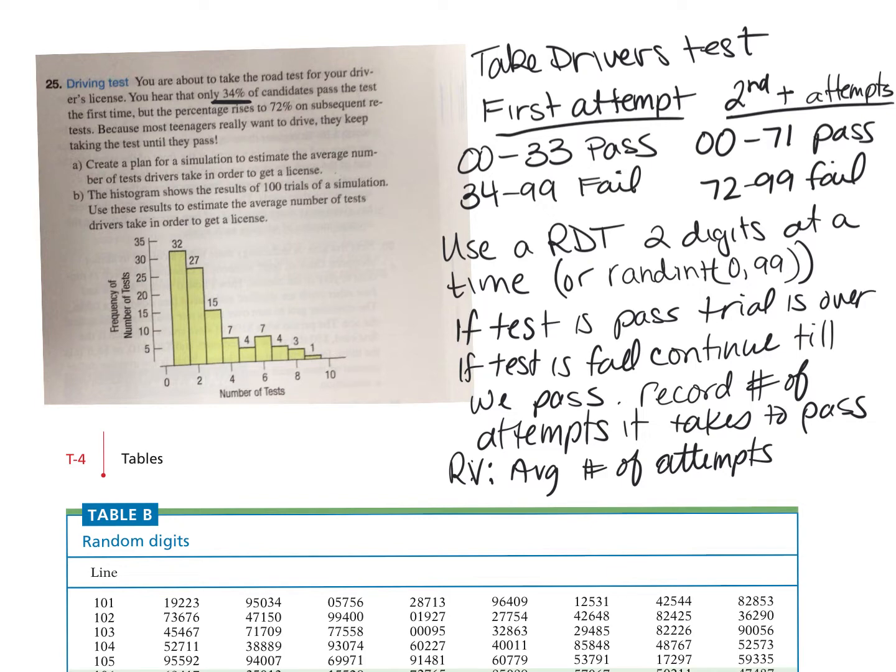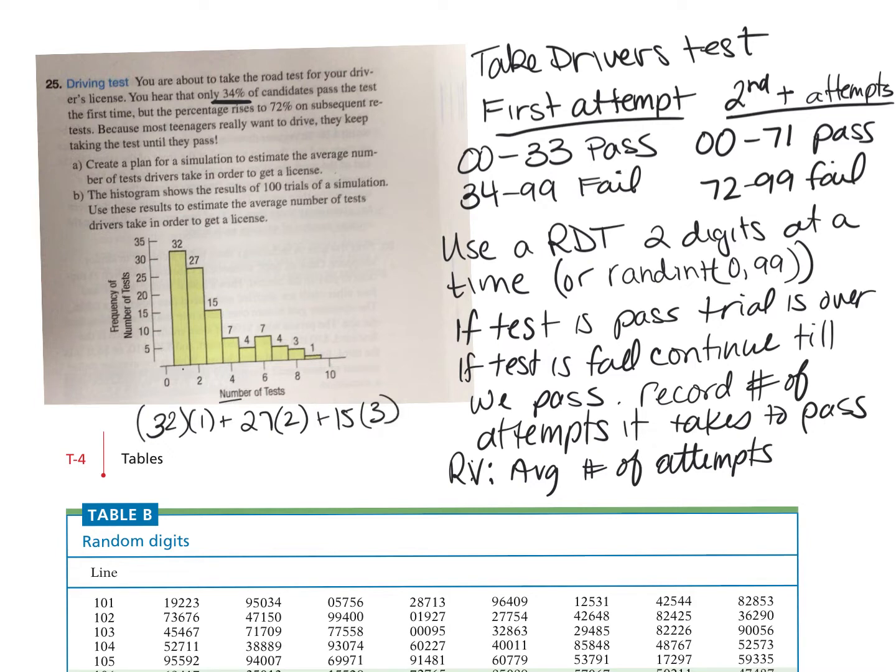So if I'm using the simulation, the average number of tests drivers take, so 1 was 32, so 32 times 1 attempt plus 27 times 2 attempts plus 15 times 3 attempts.